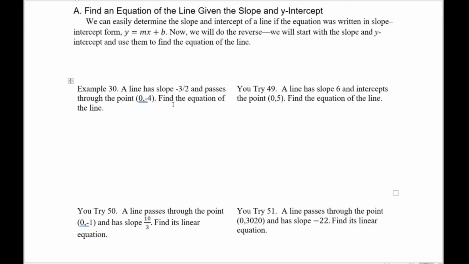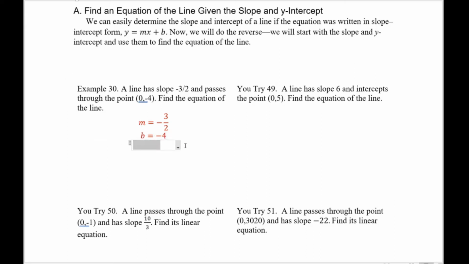Our first clue is the slope. M equals -3/2. We also know this line passes through the point 0, -4. Because the x-coordinate is 0, that means that this must be a y-intercept. Therefore, my b value will be -4.